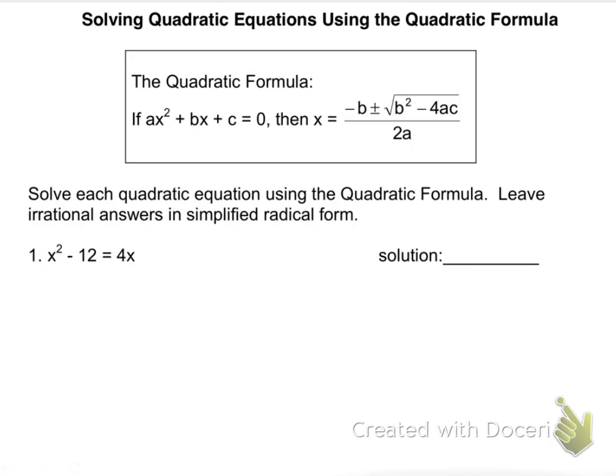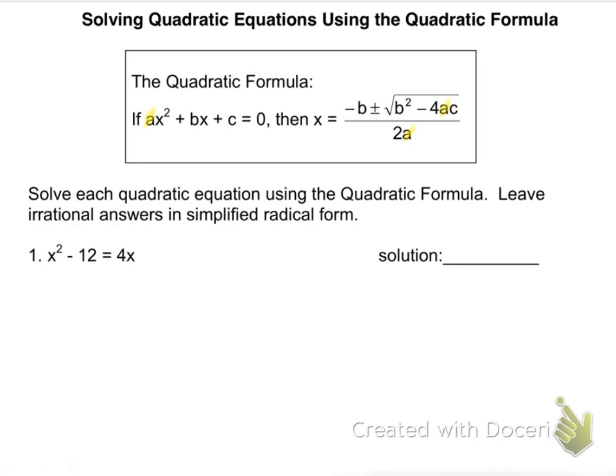We have discovered that we can solve these with negative b plus or minus the square root of b squared minus 4ac over 2a, with a, b, and c being the constants from the quadratic equation. If I was going to mark a, b, and c, the number in front of the x squared is your a, and it shows up here and here in the quadratic formula.